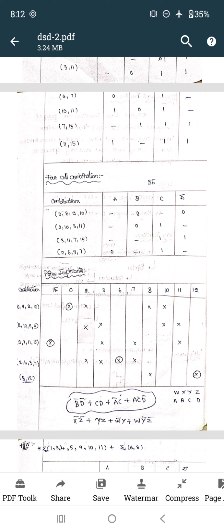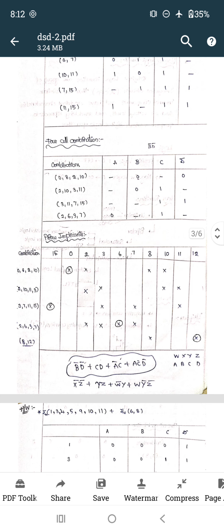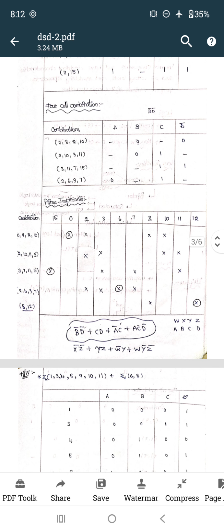In the case of 2, 10, 11, 3, we put the cross mark in 2, 3, 10, 11. In the case of 3, 7, 11, 15, we put the cross mark in the 3rd, 7th, 11th and 15th. In the case of 2, 6, 3, 7, we put the cross mark in 2, 6, 3, 7.